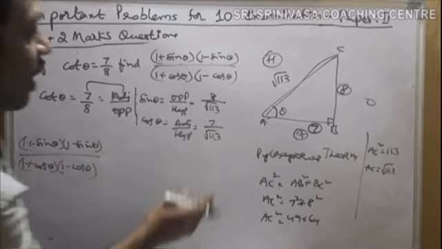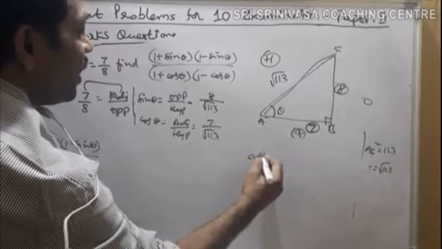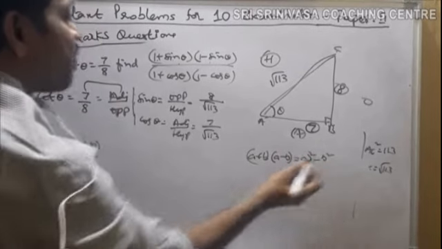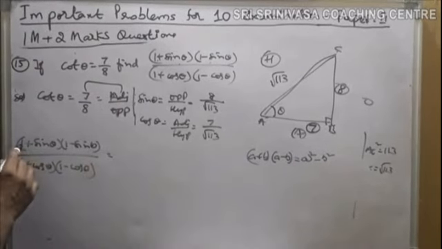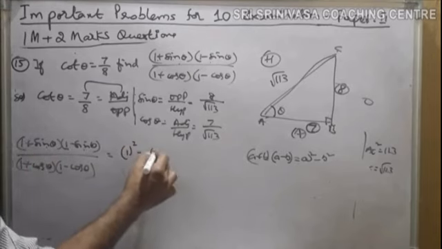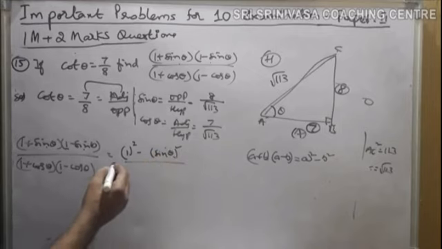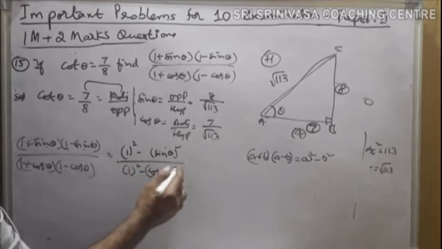Now here I can use the identity, like a plus b into a minus b is nothing but a square minus b square. So let us use this concept here. So in the numerator we have 1 plus sin theta into 1 minus sin theta, that can be written as 1 square minus sin theta whole square, divided by, in the denominator, 1 square minus cos theta whole square.